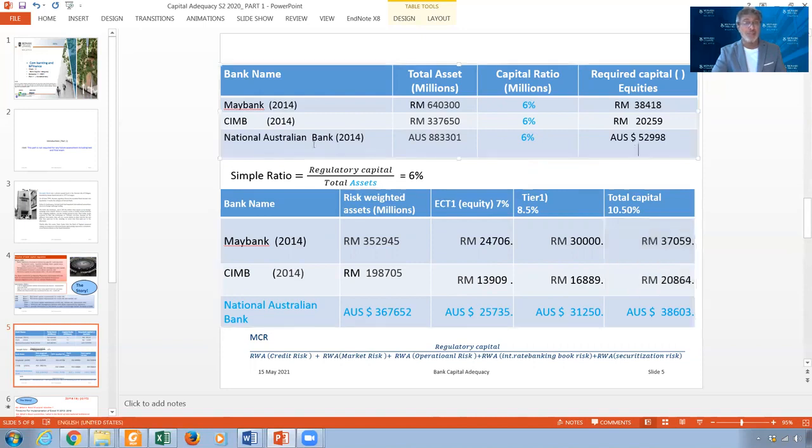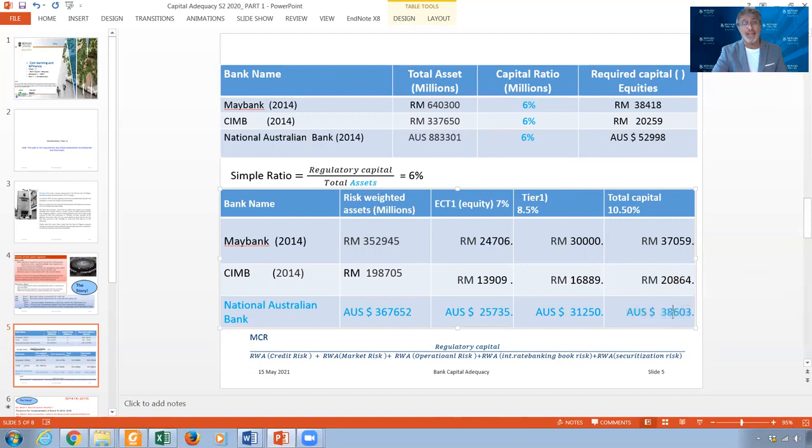National Australian Bank dropped from 52 billion to 38 billion in the total capital. This means it gets a lot of benefit in saving the cost of capital, because the required capital for National Australian Bank dropped dramatically.